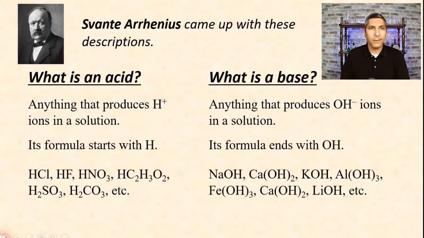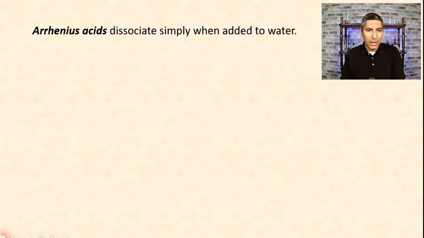The Roman Empire knew about acids, but it wasn't until the fairly early 1900s, the 20th century, that chemists like Svante Arrhenius actually started coming up with chemical definitions of what makes a base, what makes an acid an acid. And so, yes, Arrhenius came up with these.